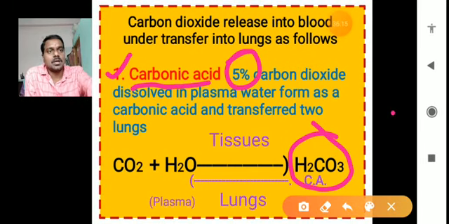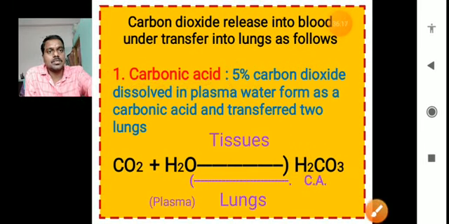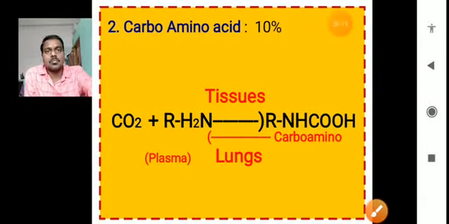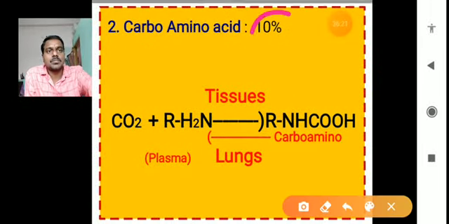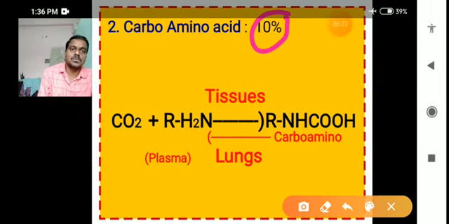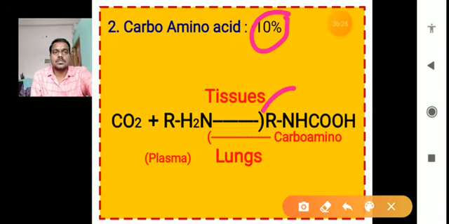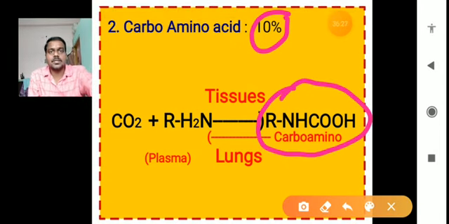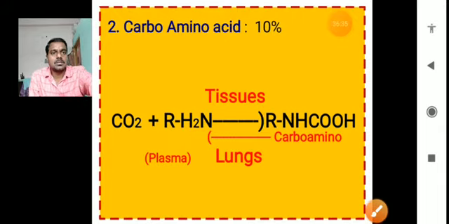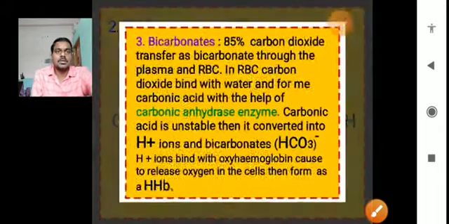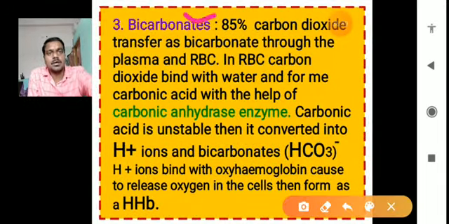The second one is carbamino acid, of which 10% is transferred. This carbamino acid is formed at the cell level, right? Again in the lungs it is converted back into carbon dioxide. So this is also very important, the second one. And the third one, which is very important, is bicarbonates.